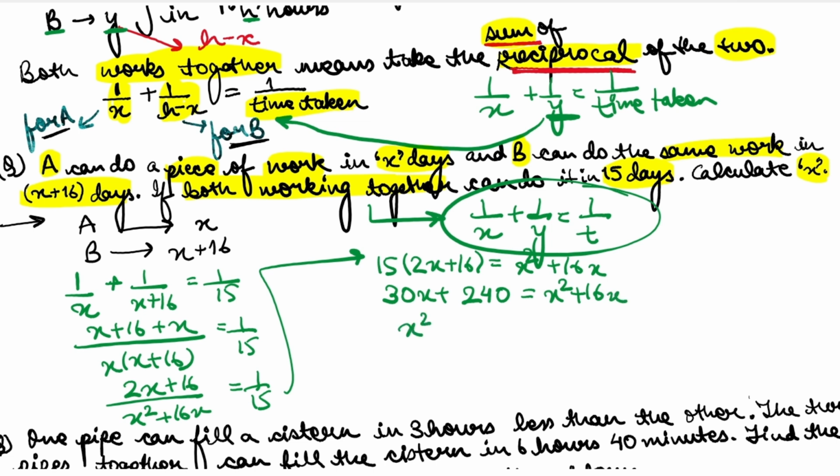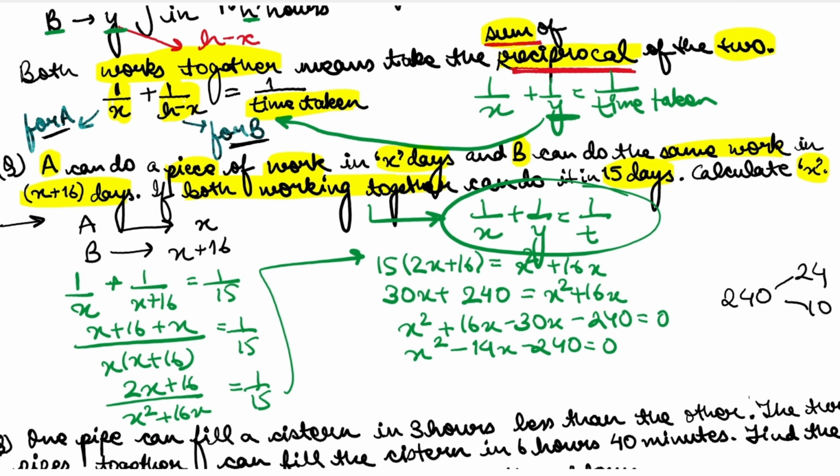So you get x square plus 16x minus 30x minus 240 is equal to 0. So now you get x square minus 14x minus 240 is equal to 0. Now we can directly see that 240 can be split into 24 and 10. If you subtract both of them, you get 14.